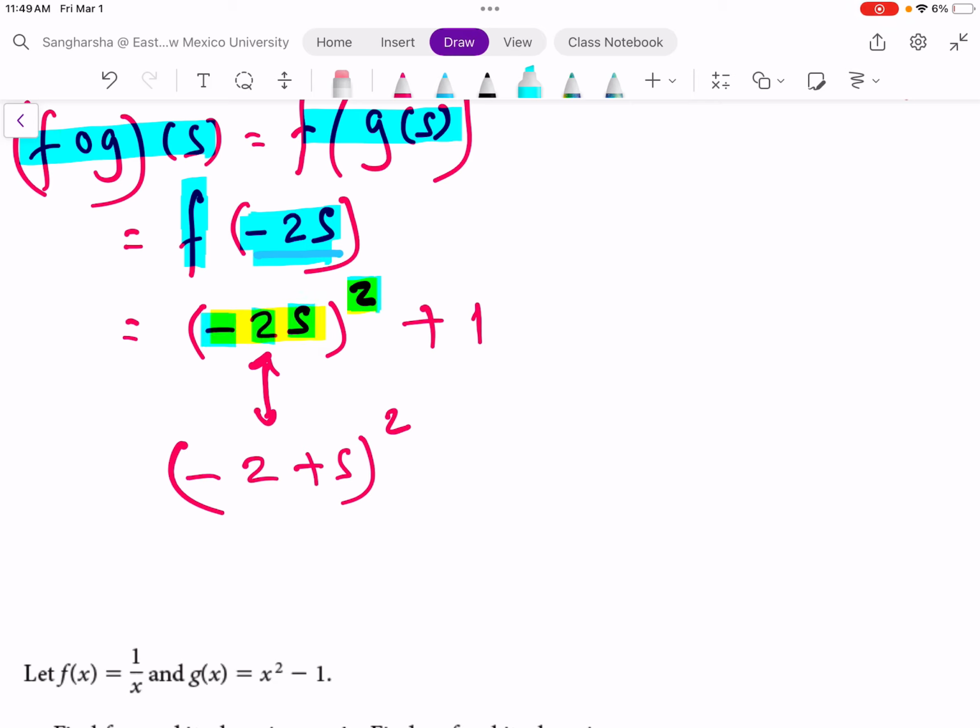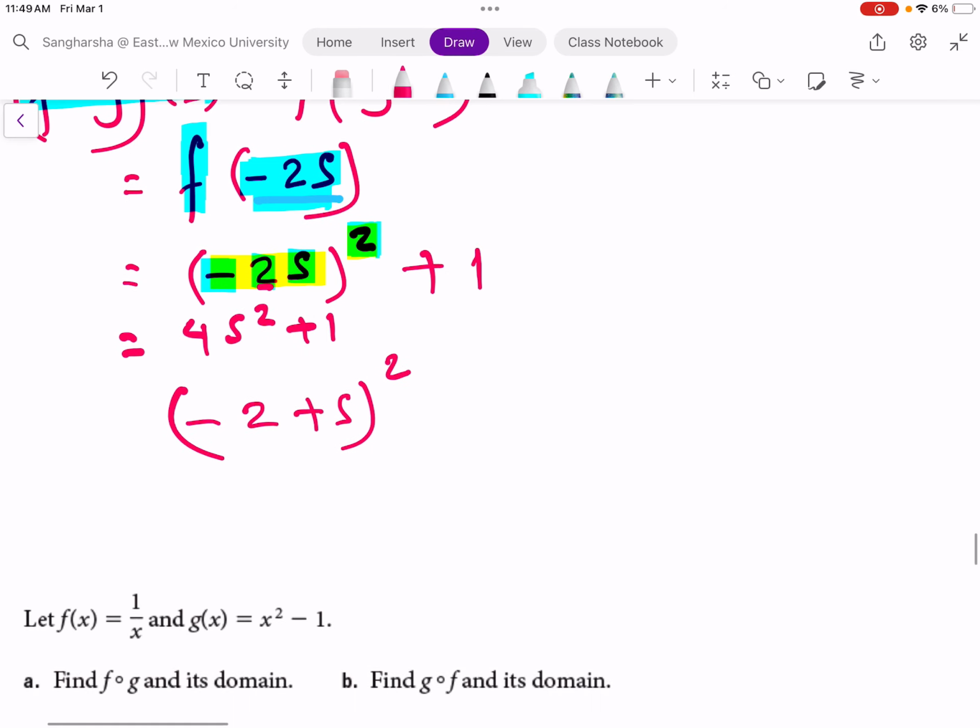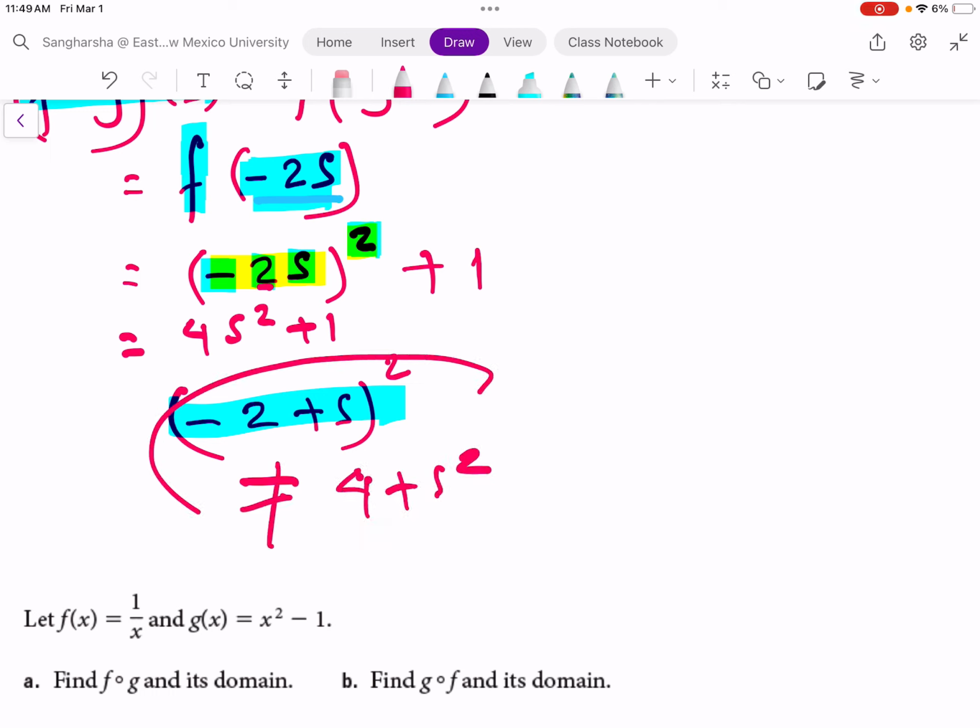So if we simplify, we get negative squared is positive, 2 squared is 4, s squared is s squared, and we have plus 1. But if we have negative 2 plus s, this expression is not negative 2 squared, 4, plus s squared. This is absolutely wrong. We can't do this.